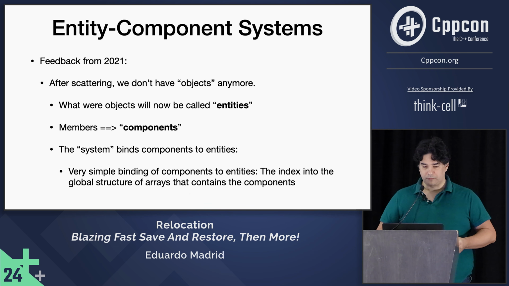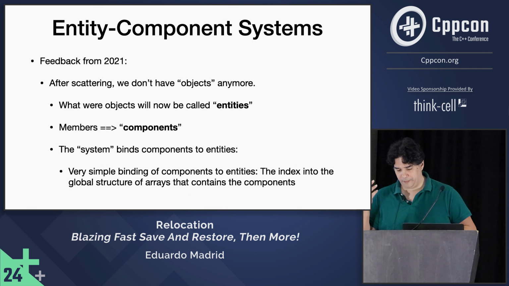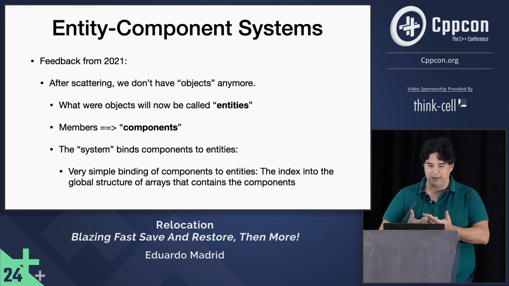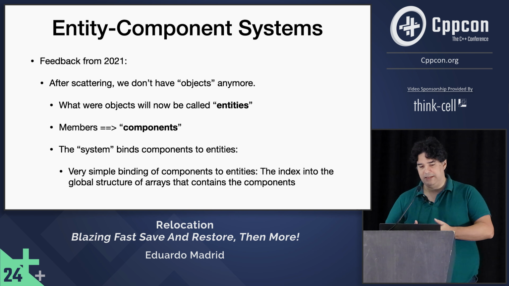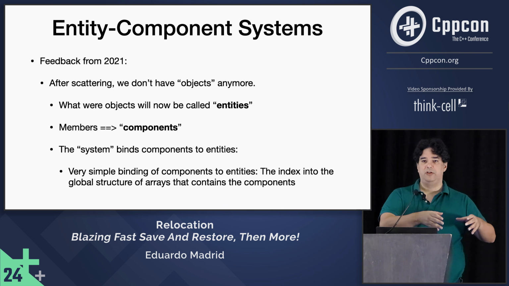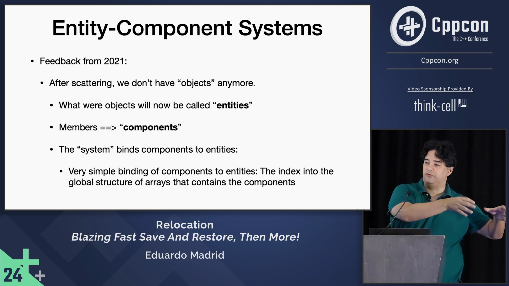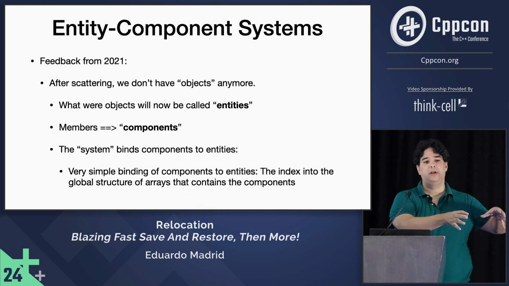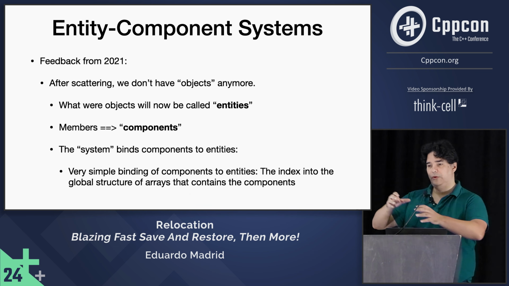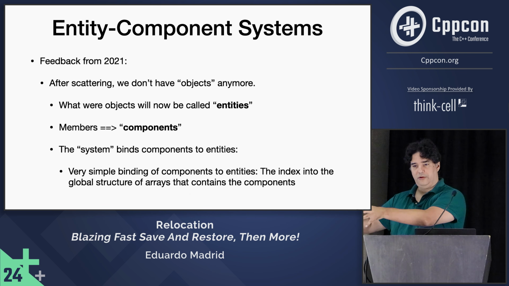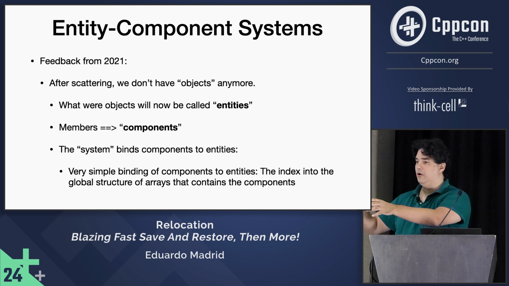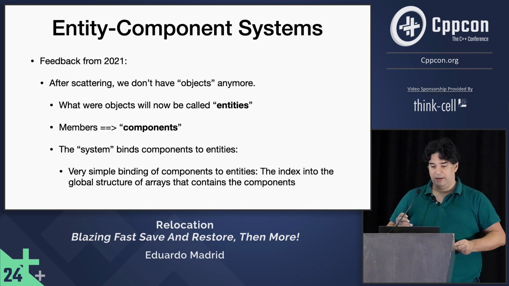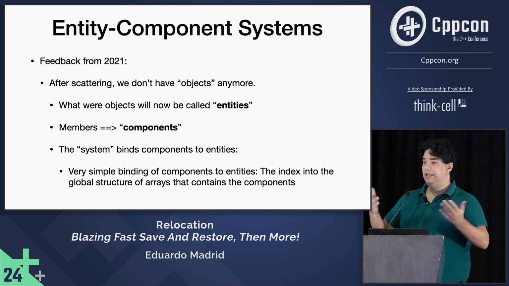And feedback that I got from before is that I should have made it real clear that once you do the operation of scattering, of transforming from the row-based or the normal architecture and design to the structure of arrays, or what I call column-wise representation, we don't have objects anymore, not in the conventional sense.